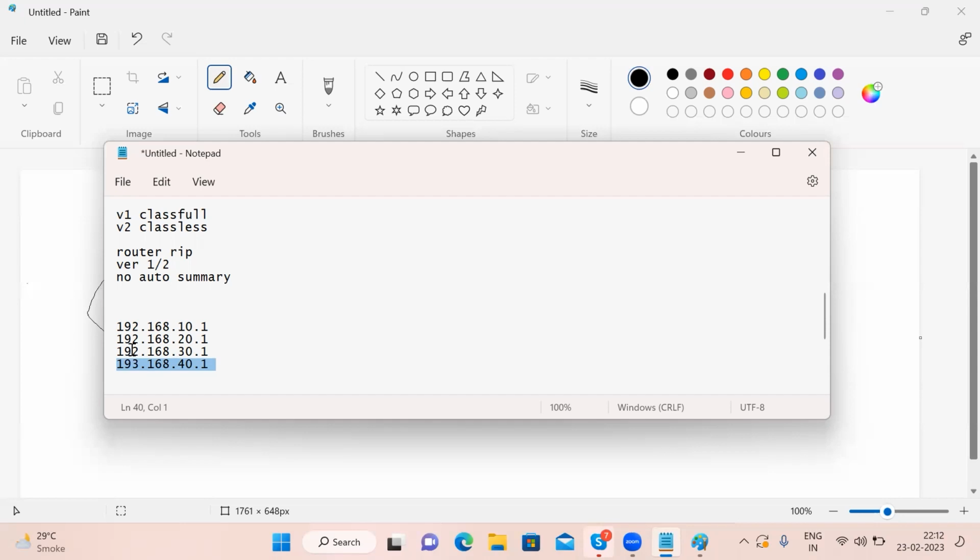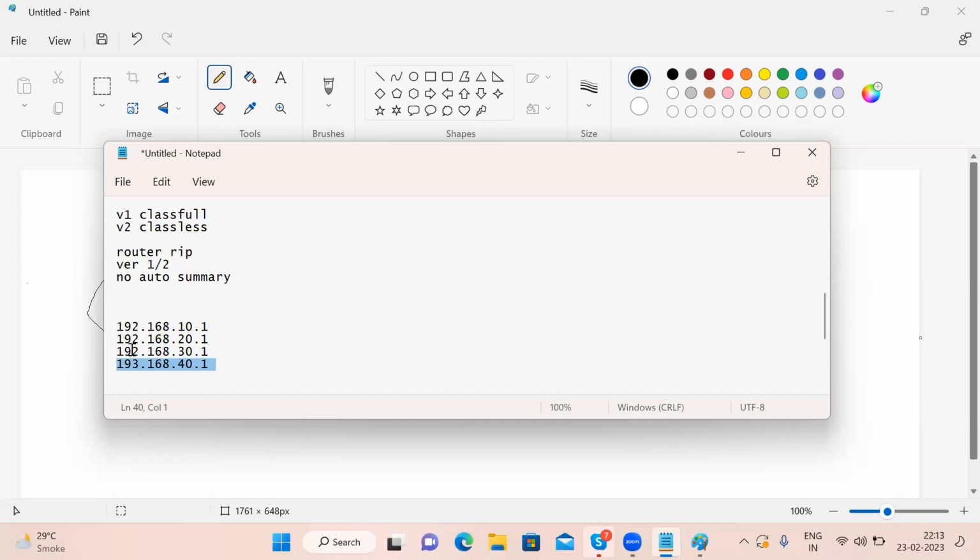You have created multiple small networks from a single big network. So those multiple subnetworks are known as what? Similar networks. Why? Because they come from a single network.